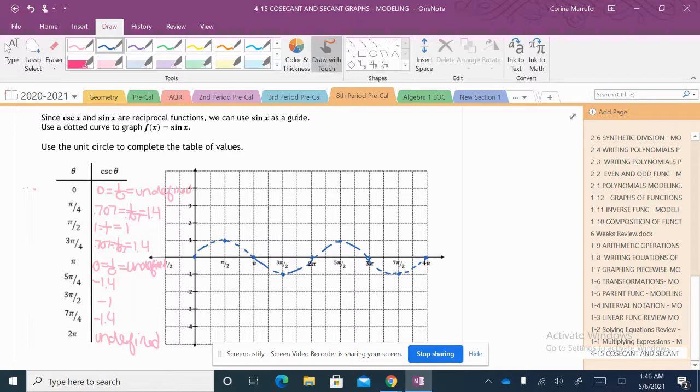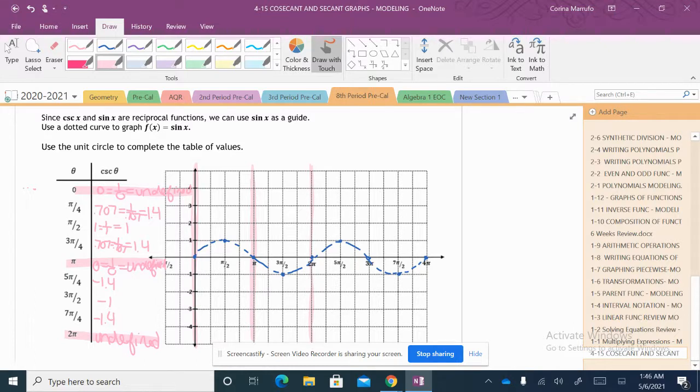So this helps us graph cosecant. If we notice right here, we have asymptotes at 0, at pi, and at 2 pi.